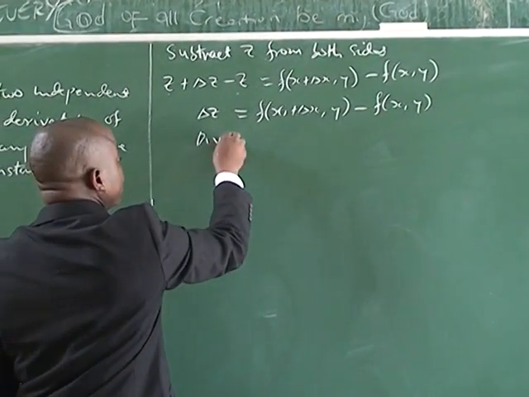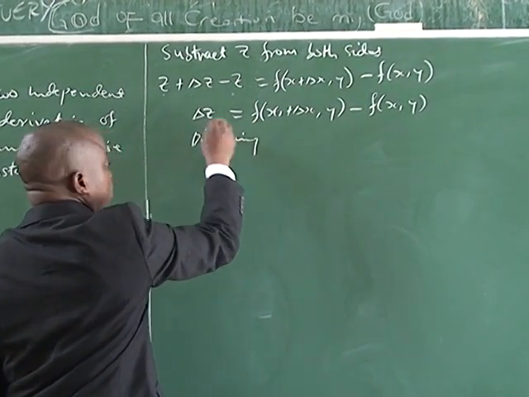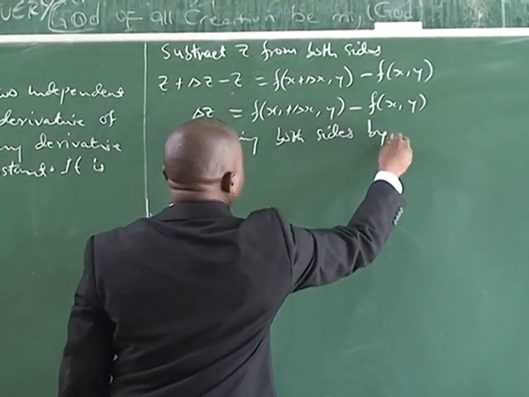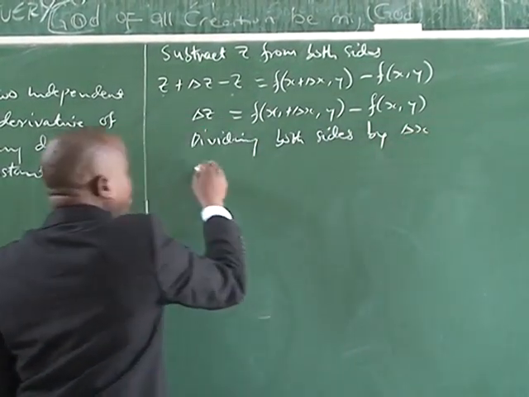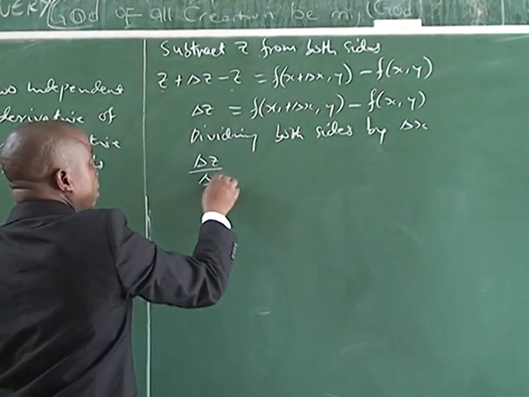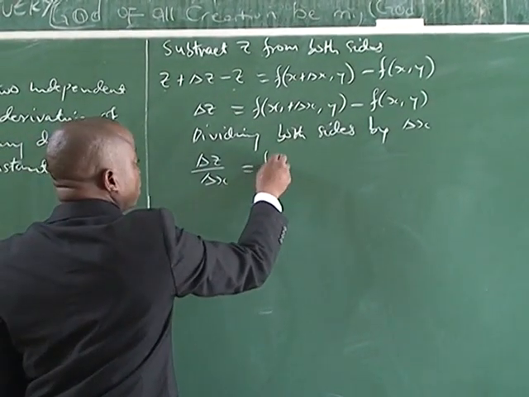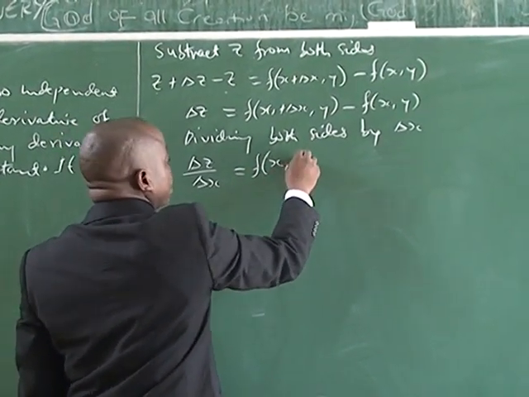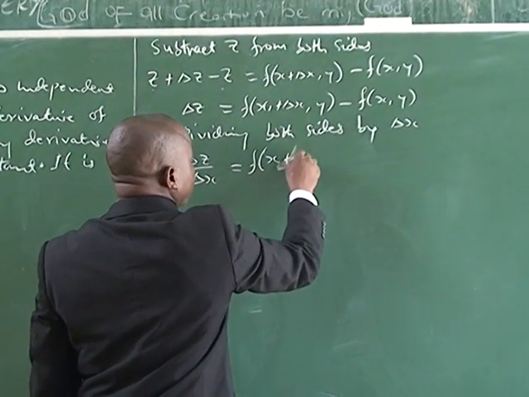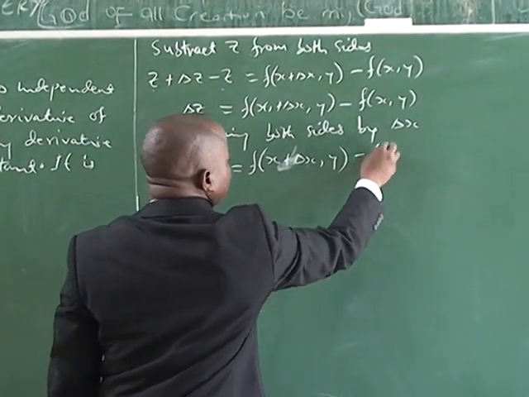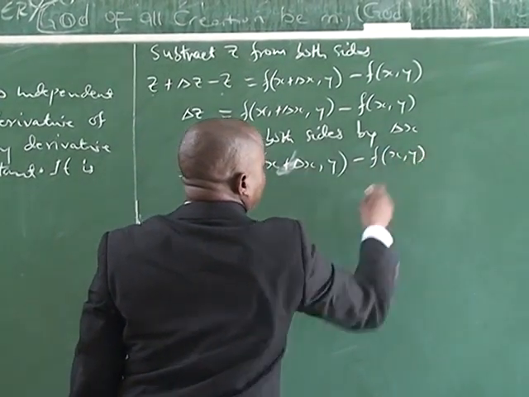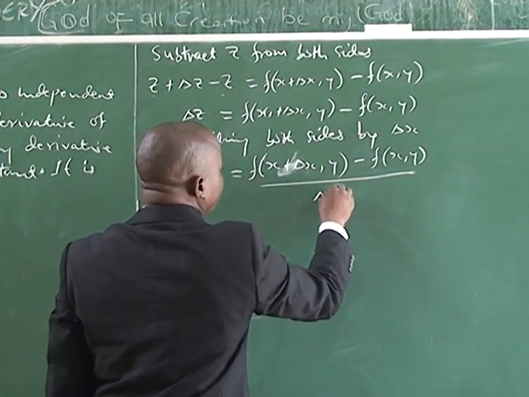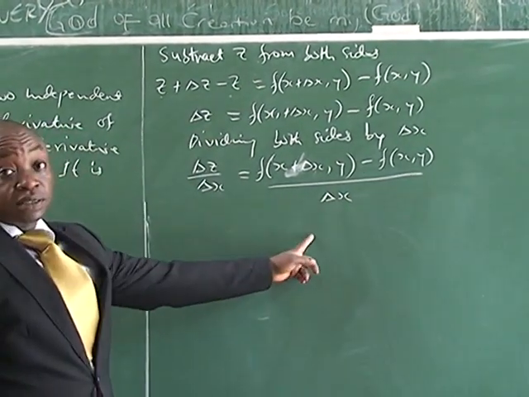Now dividing both sides by change in x, I will have change in z over change in x equal to f of x plus change in x, y, minus f of x y, over change in x, because I'm dividing through by change in x.